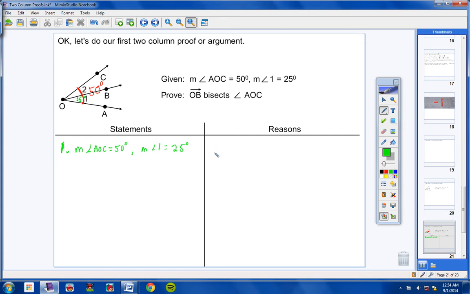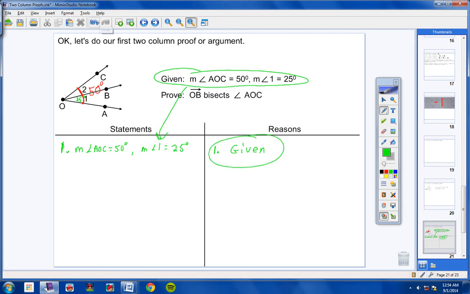And then what is your reason for that? You put the word given. Students, that's the first thing you always do. So that's easy. On a test or a quiz, every student can do that. So that's one step right there on a test or a quiz that you got right. Always put the given in first, and your reason would be the given, okay?